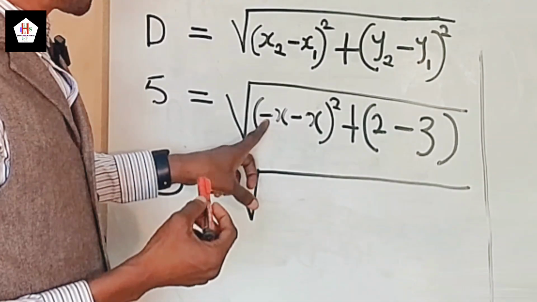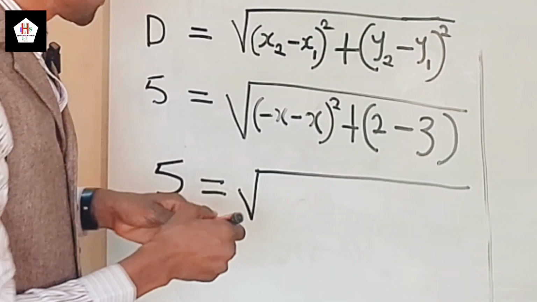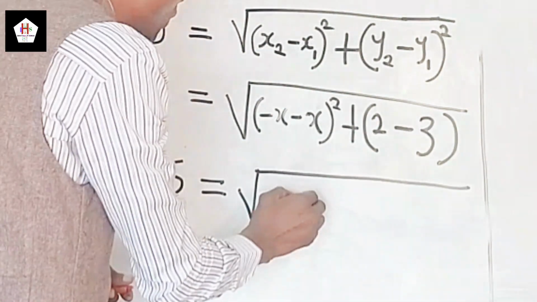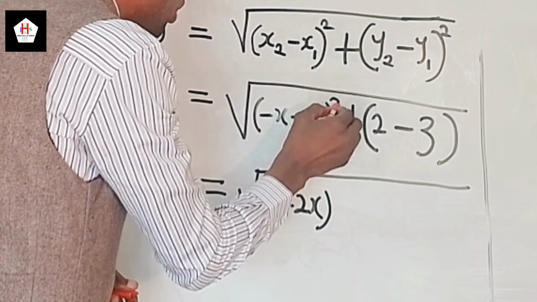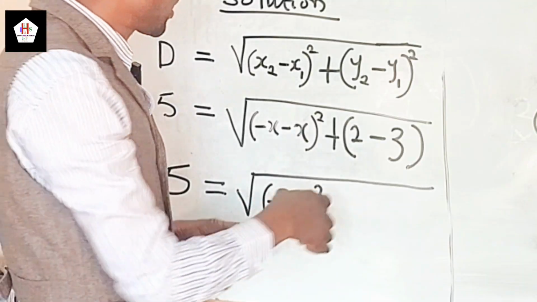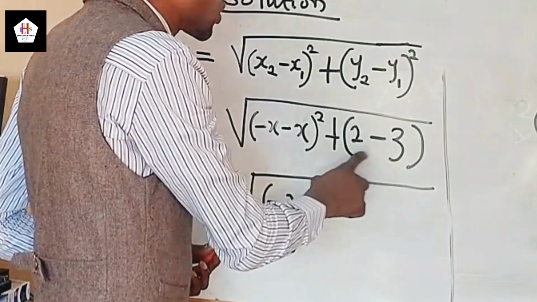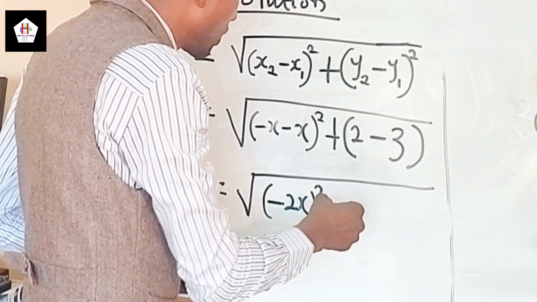Now, negative x minus x. It becomes minus 2x. And then our square remains. Here we have 2 minus 3.